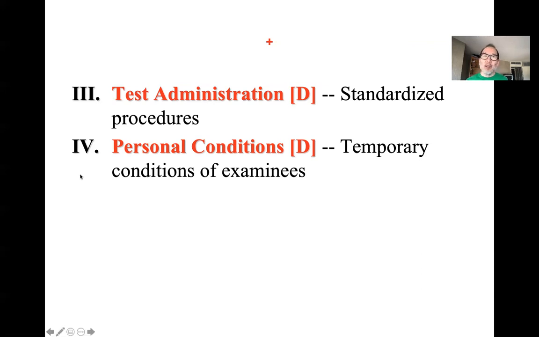And finally, outside the test itself, there are the personal conditions, the temporary conditions of the examinees. If they're hungry, if they're in pain, if they're anxious, all that kind of stuff, which you always have to anticipate can happen with a test. That being said, that can contribute to reliability.